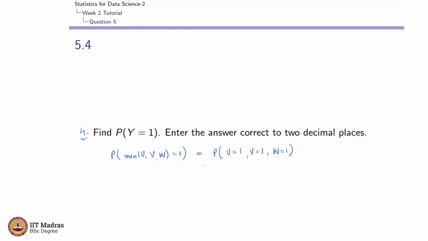Since they are all independent, we can write probability U equals 1 times probability V equals 1 times probability W equals 1. That is 0.2 times 0.5 times 0.8, so again this is going to be, sorry, 0.08.